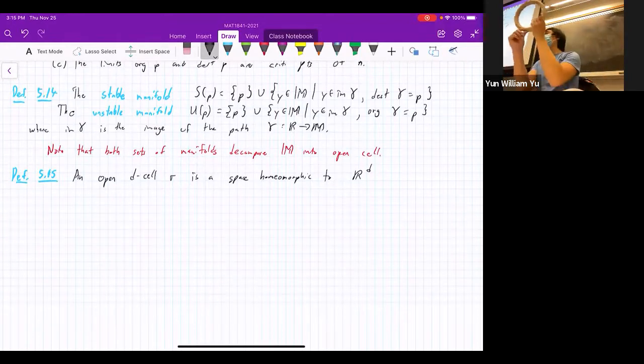But let's look at all the points that come to this point down here. Obviously there are some points that don't. For example, if you're at the very top point, you're just going to stay there since it's an unstable critical point. It's a maximum. If everything's going down towards low gradient, you're going to have a two-dimensional surface that goes down towards it because you come in from all sides in both dimensions.